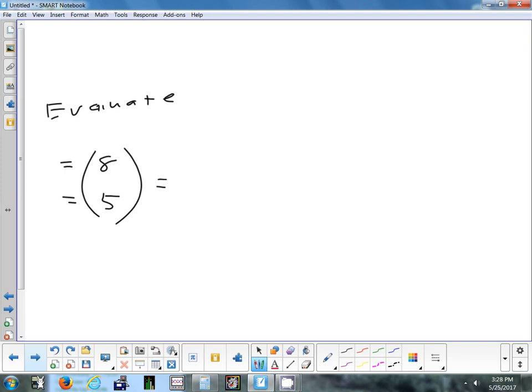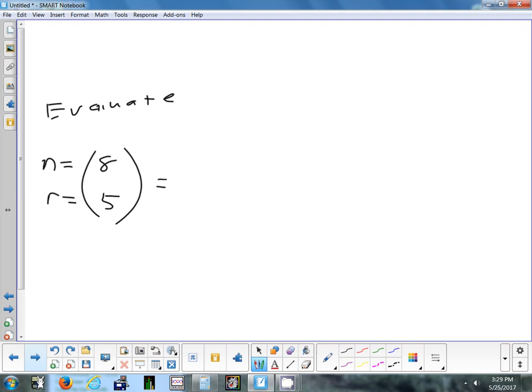Yeah, the top number is usually a certain letter, and then the bottom one is a certain letter. Not A and B, N and R. N and R. So the top one is N, the bottom one is R. And we need the formula for this, pronounced 8 choose 5.